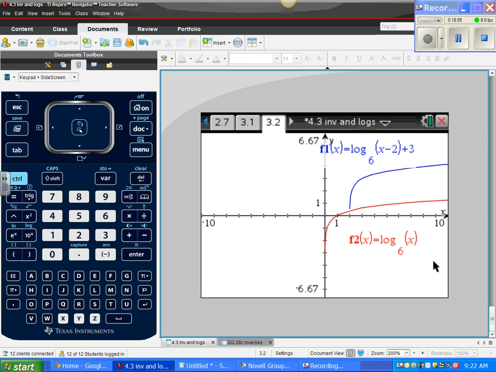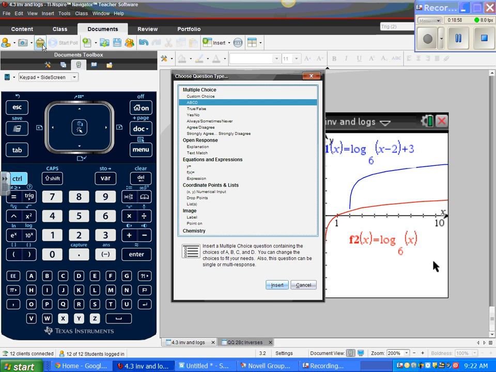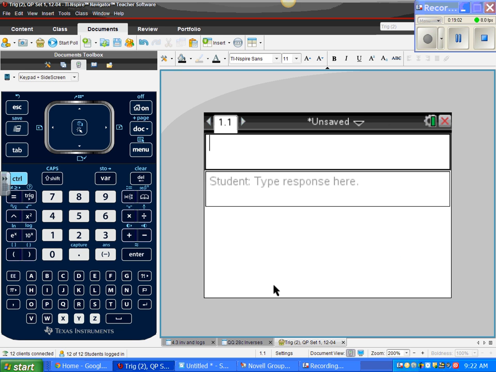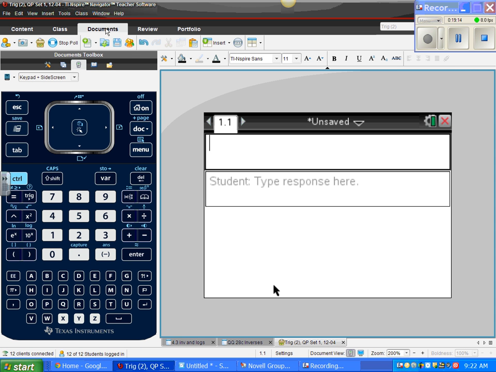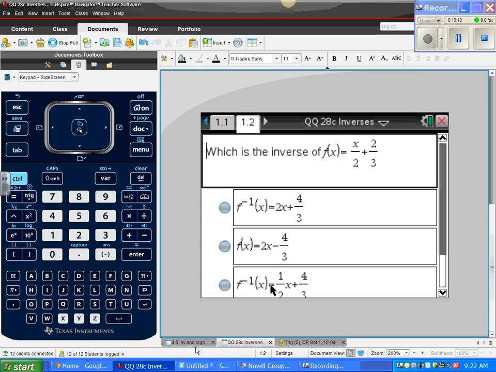So I'm going to send you a quick poll. You're going to describe to me the translation. Once you have it typed in, you're going to hit enter to send it back to me. You're not giving me a word, you're describing the translation.